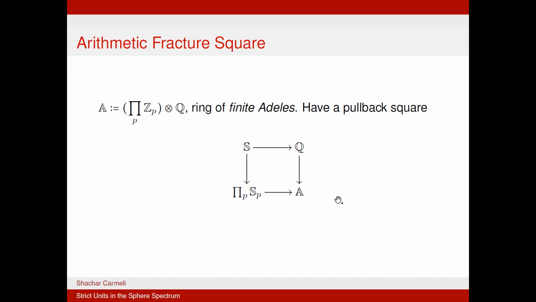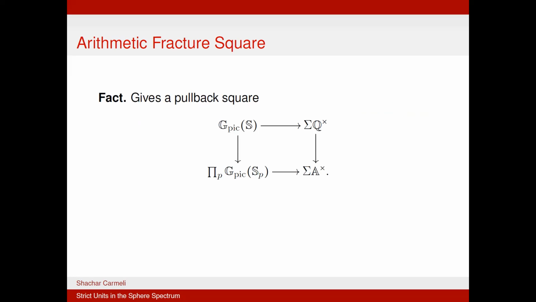Now, the problem is that Picard is not a pullback-preserving functor on rings, so this doesn't immediately give us a corresponding partition of the Picard spectrum of the sphere into pieces. But it turns out that this is okay.